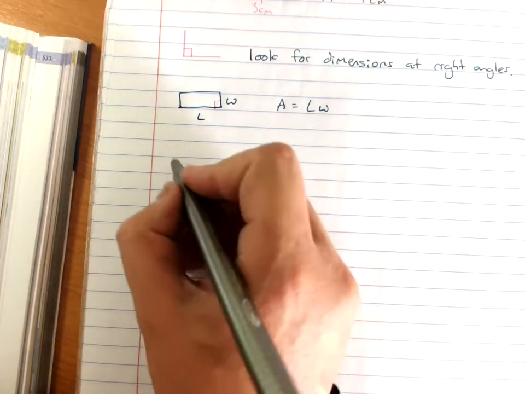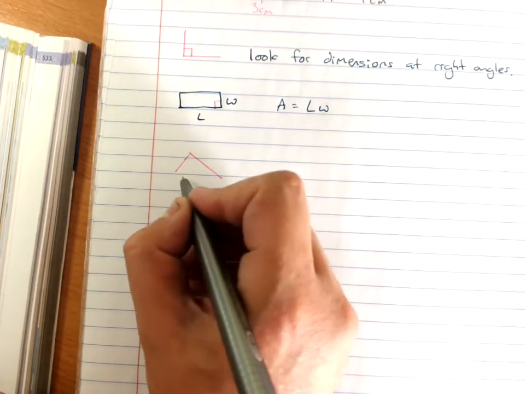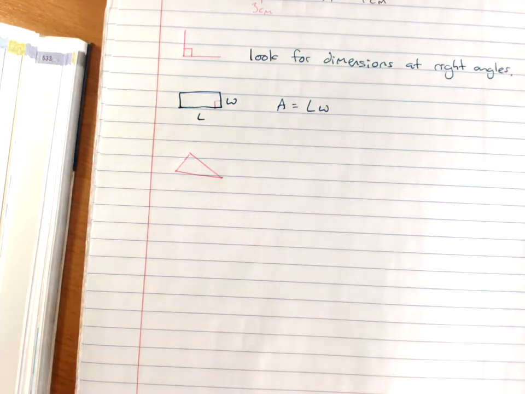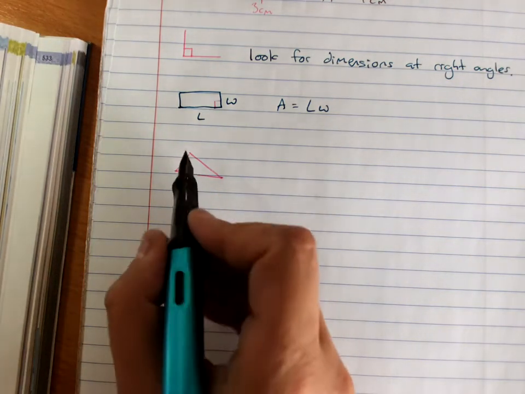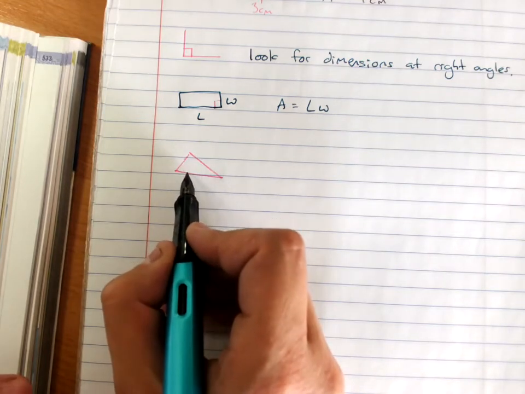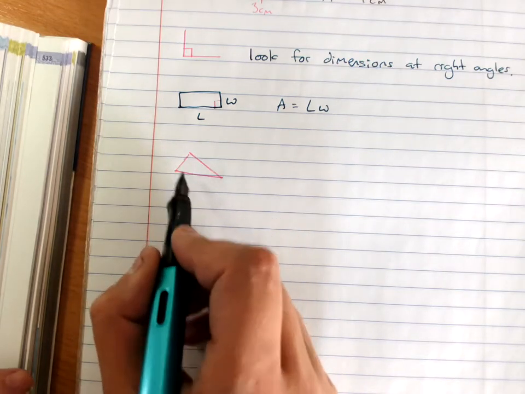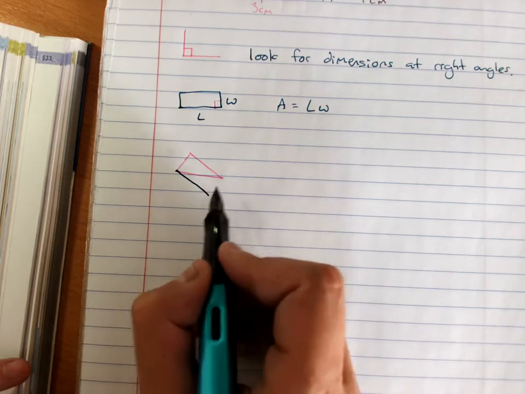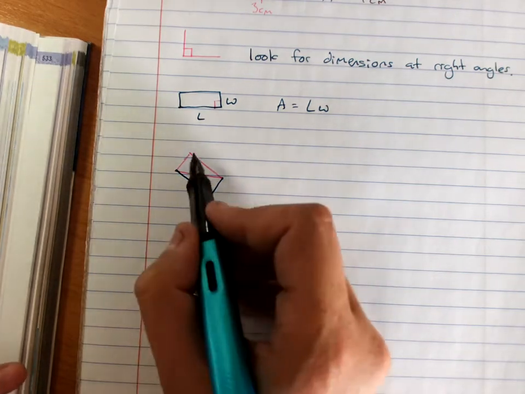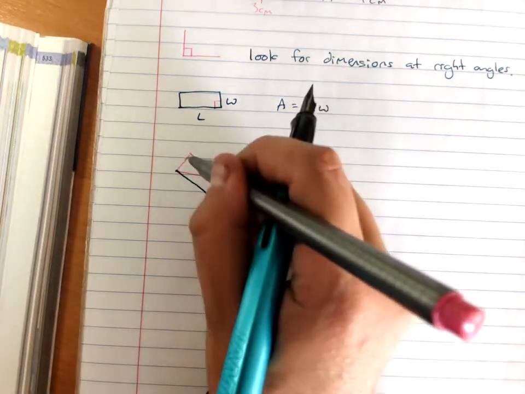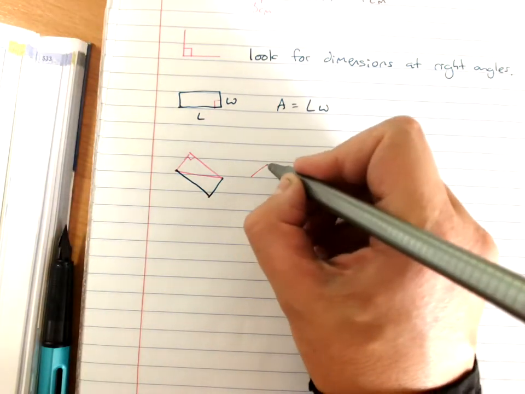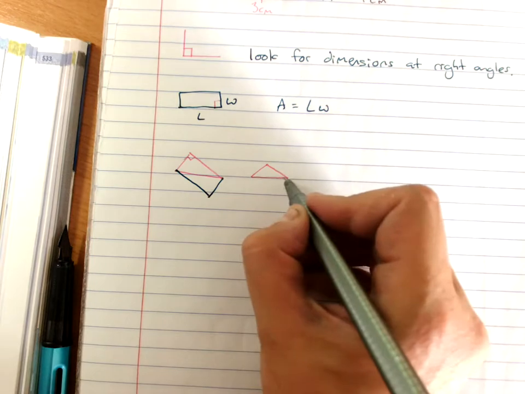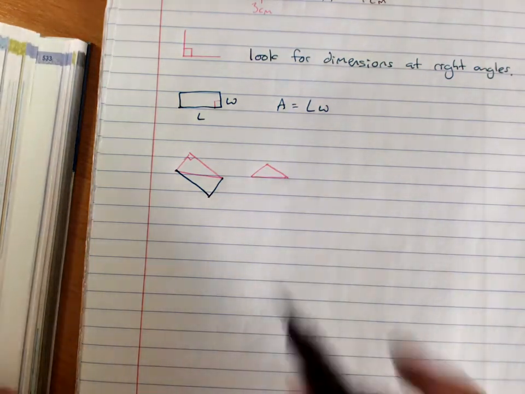So any triangle at all, how could I make it into a rectangle? From the top point straight down? Yes, another triangle of the exact same one. I could go that way if I wanted, if that was right angled. Or if it was totally not a right angle, I could go this way.